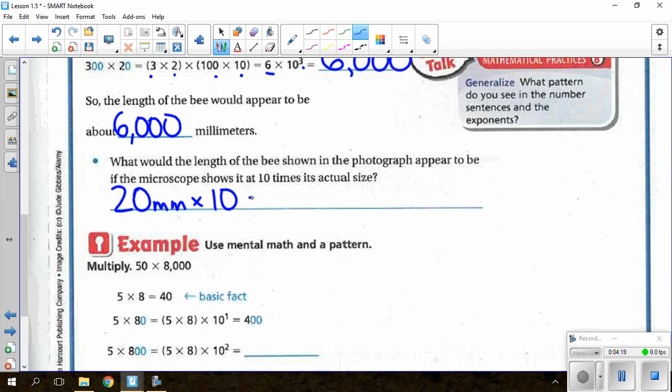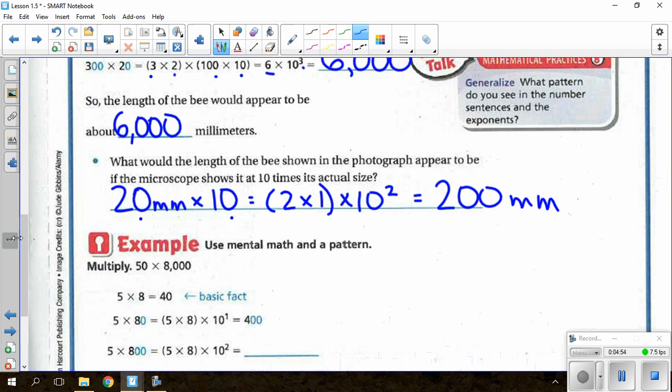To show that basic fact, I would have 2 times 1, and then times 10. And my two original factors each have 1 zero, so I would have times 10 to the second power. So that would give us 2 with the 2 zeros behind it. Now we all know that if you would actually take 20 times 10, that would also give us 200 millimeters.